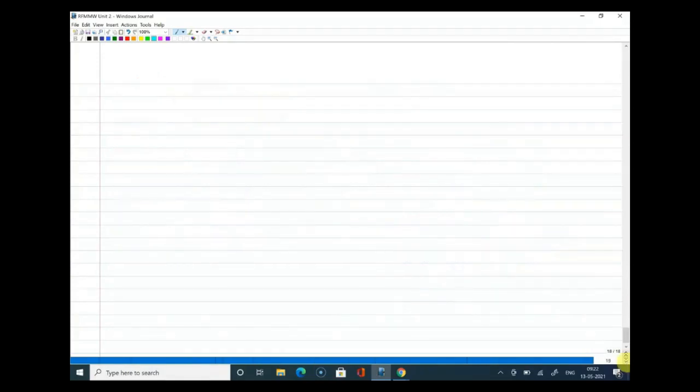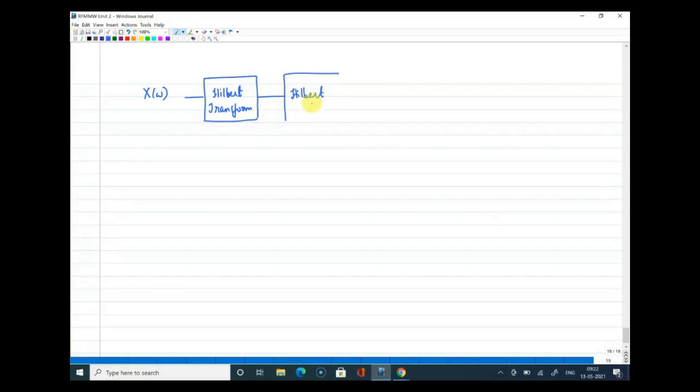One more thing: if I have a signal, say x of omega, we know that the Hilbert transform is nothing but a 90-degree phase shift operation. So what will be the result if I apply this signal to a cascade of two Hilbert transforms? Any idea?